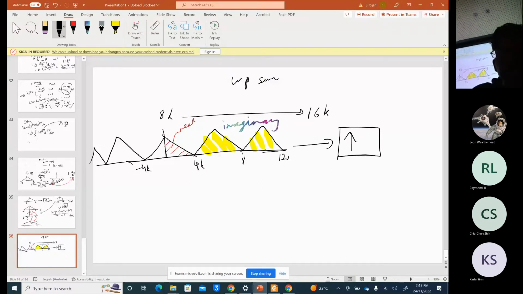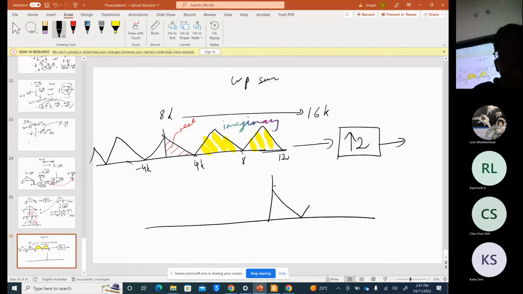When we upsample by 2, what we have is the same spectrum, but now our FS becomes 16K. 16K means up to 8 kilohertz. So this is 4K, this is 8K, this is 12K, like that.